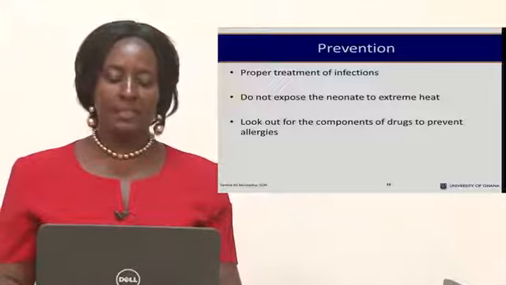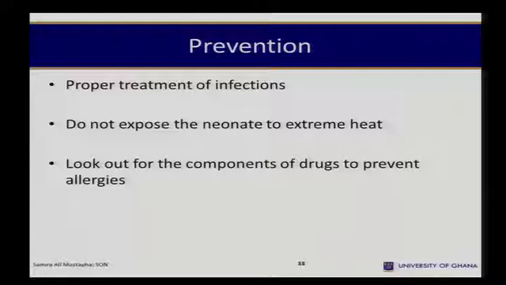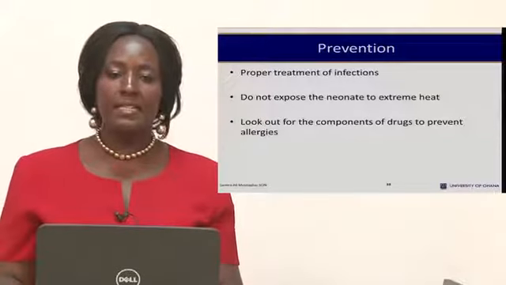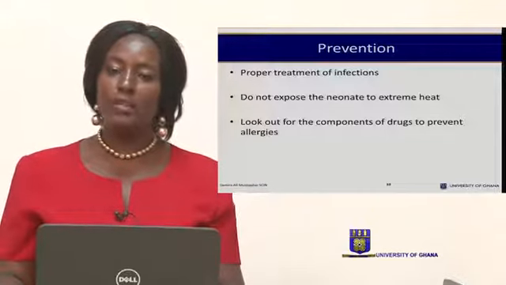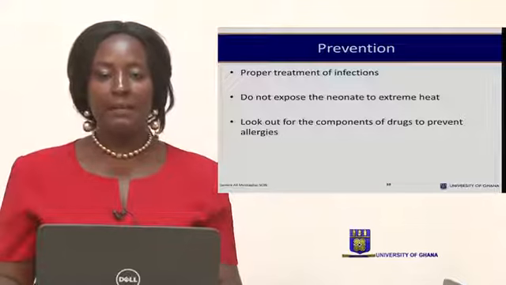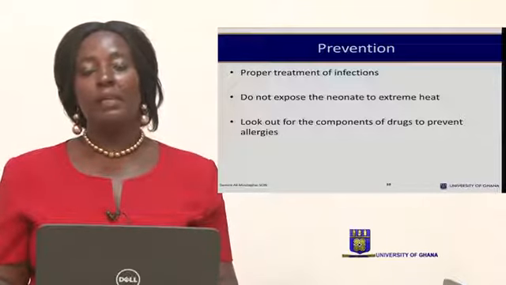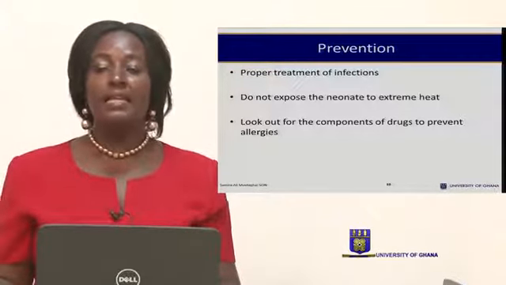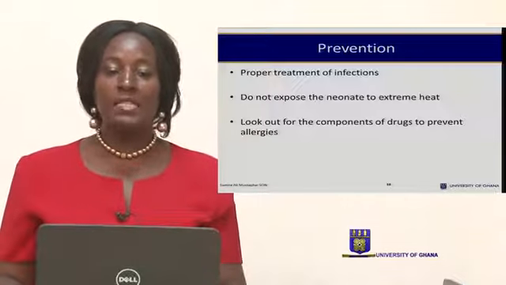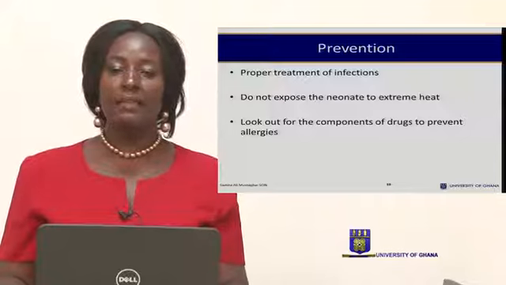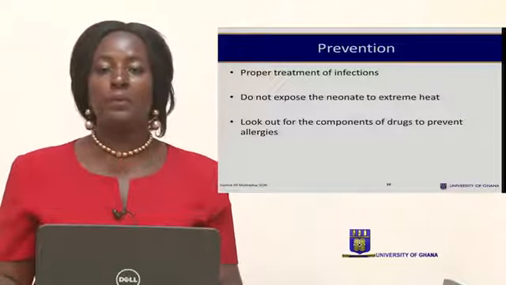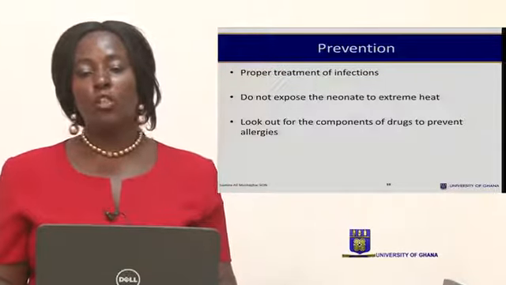How do we prevent this? Proper treatment of infection. Whenever there is any infection, it is very important that this is investigated and addressed. We do not expose the newborn to extreme heat, because sometimes when we have them placed under the radiant heater in the neonatal intensive care unit as a result of a procedure, and when it is done, there is a need to take the baby out and put it in the cot or incubator.